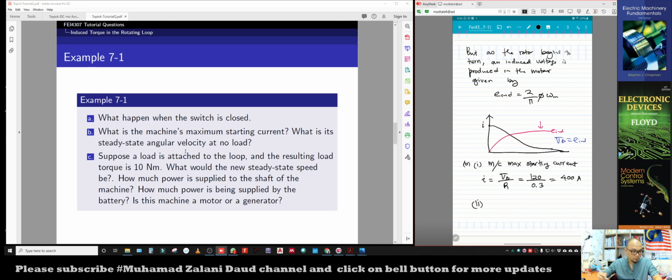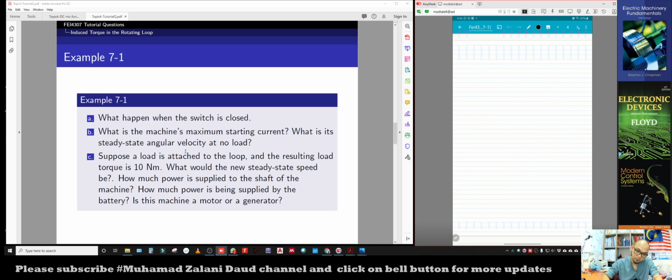B2: what is the steady state angular velocity at no load?